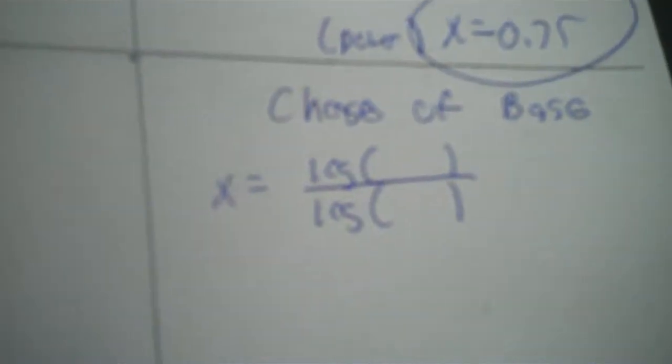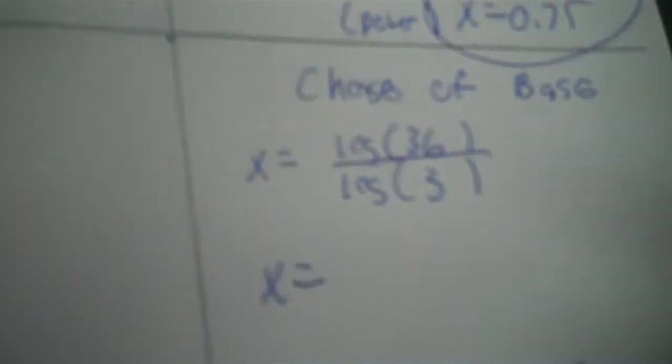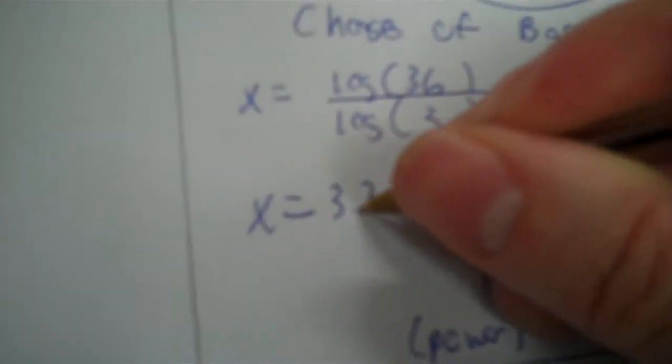So that exponent x is equal to the log divided by the log, and you got to do this right. You put your base 3 on bottom, you put 36 on top. So then you take log of 36 divided by log 3. Pretty cookie cutter process, 3.26. There's your solution.